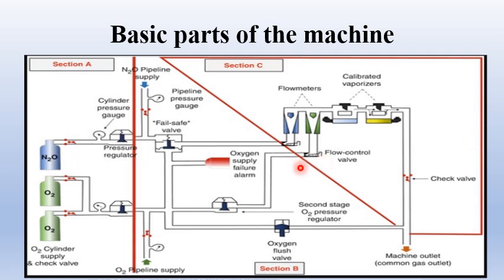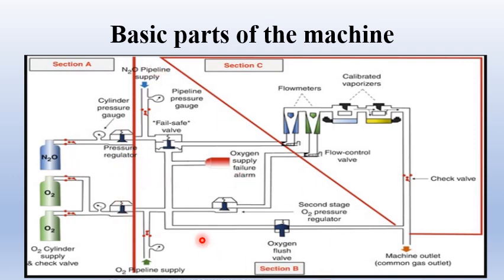Here is another, more complicated diagram showing the basic parts of the anesthesia machine. Section A has cylinders of nitrous oxide and oxygen with the check valves here, cylinder pressure gauges, and a pressure regulator.